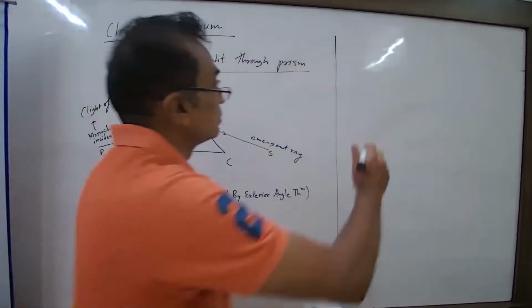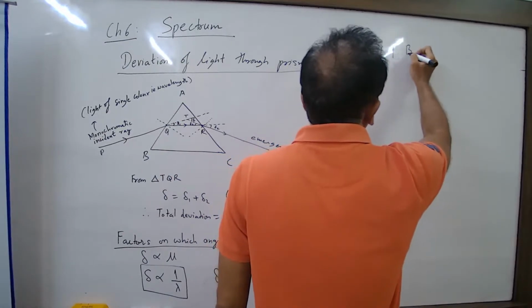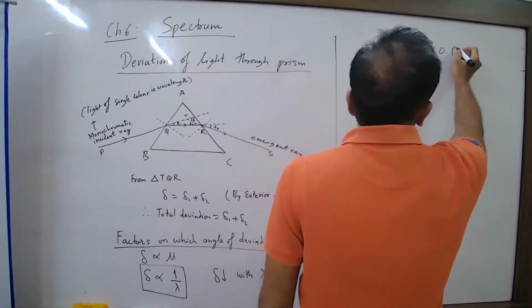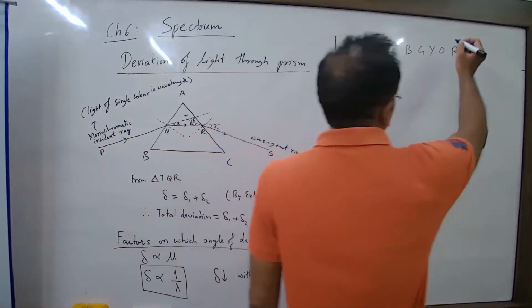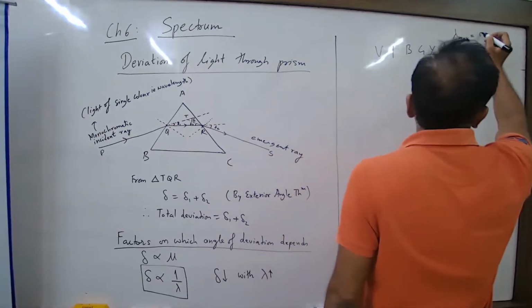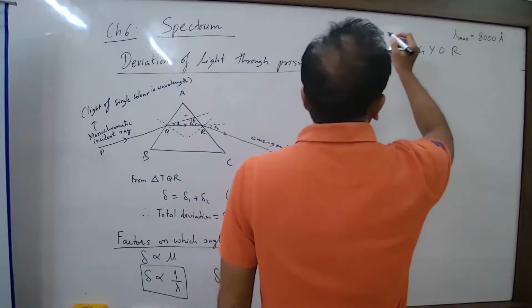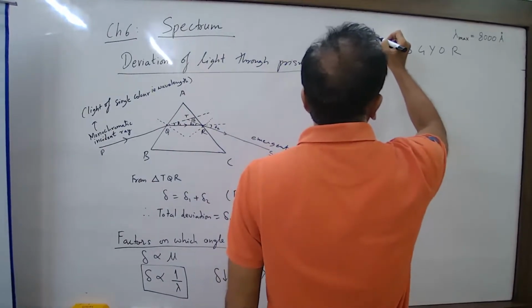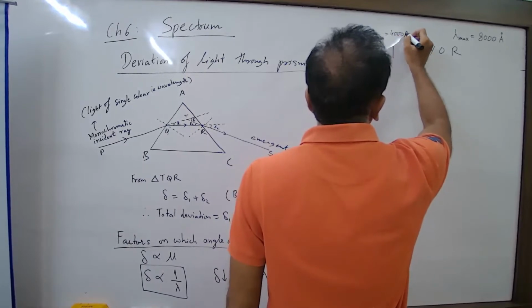Now, in these different colors, which color has maximum wavelength? Red has maximum wavelength, which is equal to how much? 8000 angstrom. And violet has minimum wavelength, which is equal to 4000 angstrom.